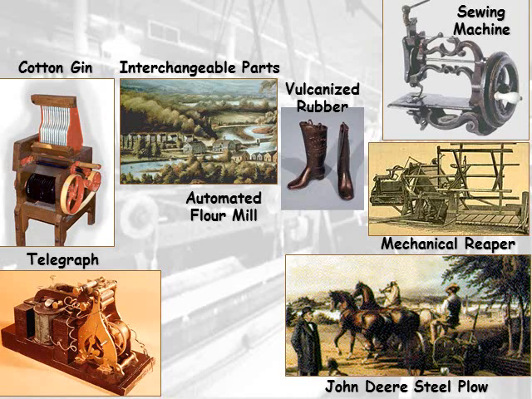The cotton gin changes that. Eli Whitney's invention of the cotton gin makes it so the cotton itself, once it's picked, can be cleaned and processed quicker. And so the cotton gin leads to more slavery.